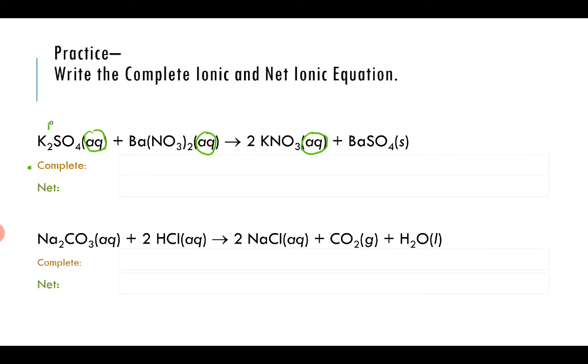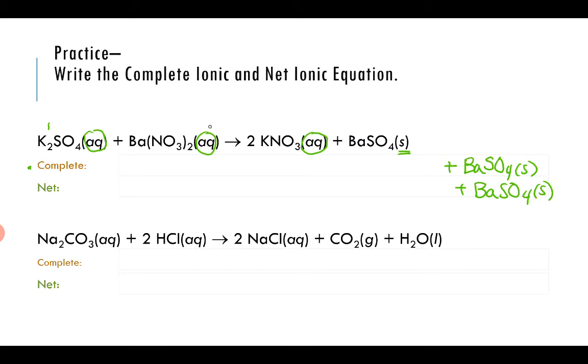So now these might need to be ionized. My barium sulfate is solid. And so I'm just going to copy it down. And I know that that's going to need to appear in my net ionic equation too, because I don't have solid barium sulfate on the reactant side anywhere.